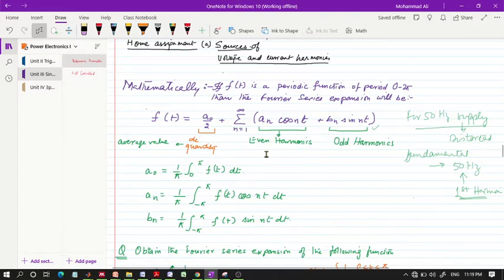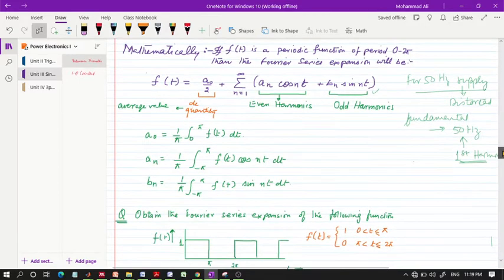Now further, these magnitudes A0, AN and BN can be defined by these functions over here. In some books you will find it like this, in some other books in another manner. More or less the meaning remains the same.